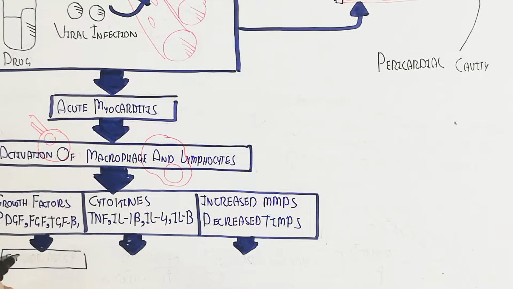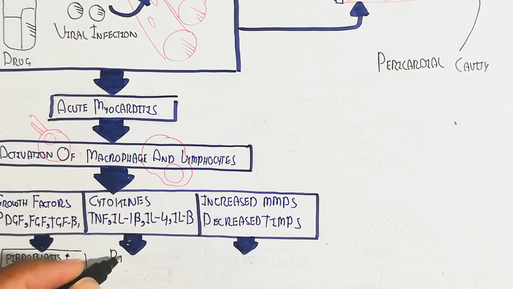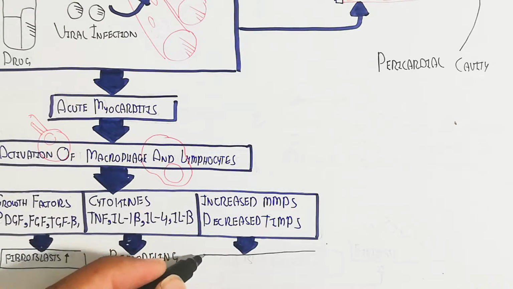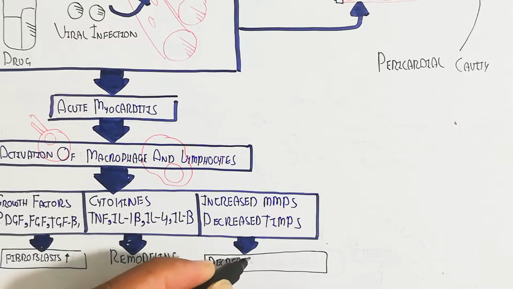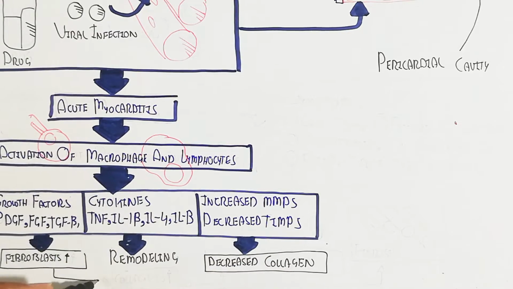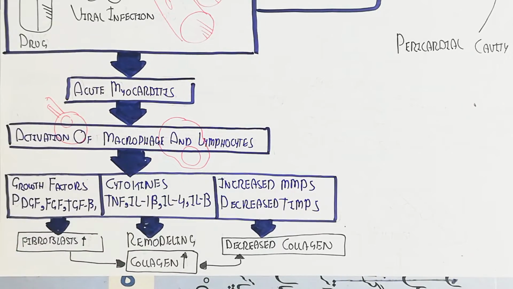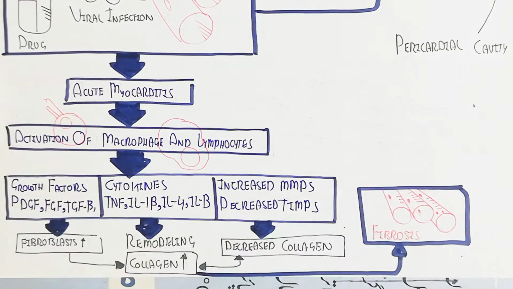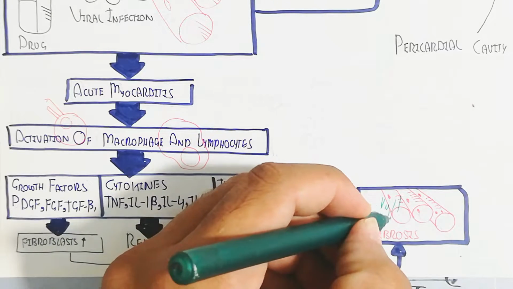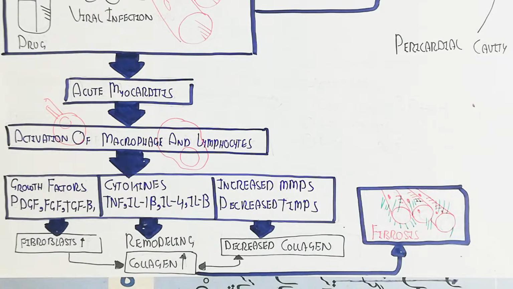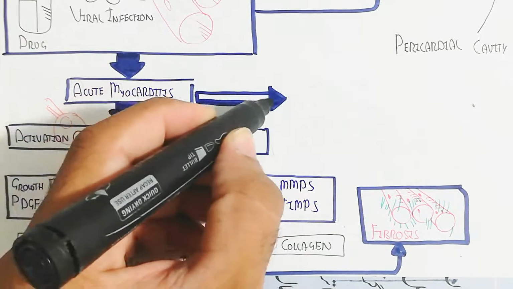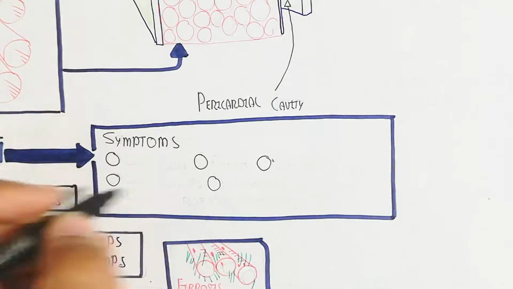On the other hand, MMPs increase and TIMPs decrease, and in this way collagen decreases, and the remodeling that occurs will lead to a collagen increase. So fibrosis can occur due to collagen deposition within the myocardial cells, the cardiac muscle cells, which is known as fibrosis.